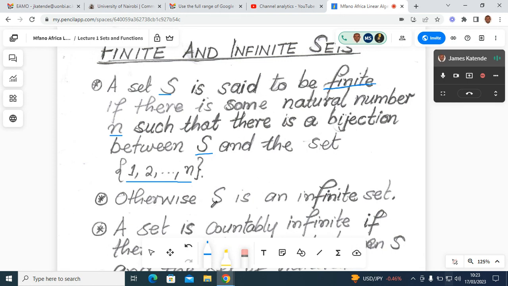If that is not possible, we say it is an infinite set. If you can't find a bijection from the set to a finite subset of the natural numbers, then the set is infinite.